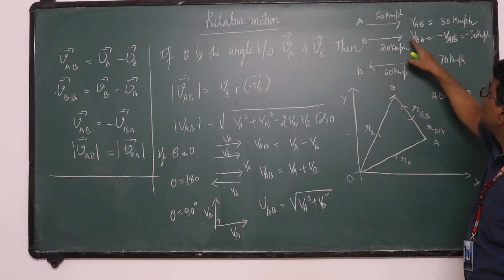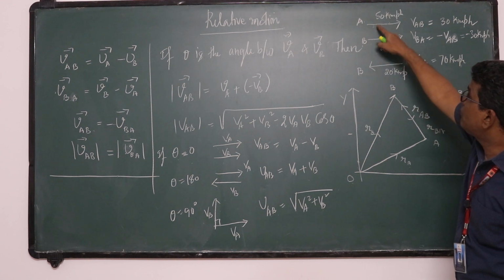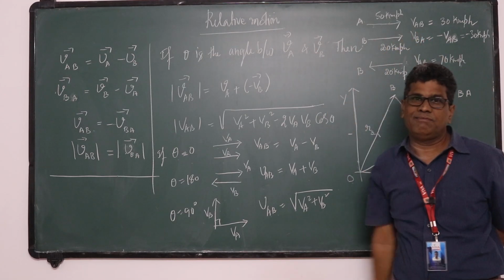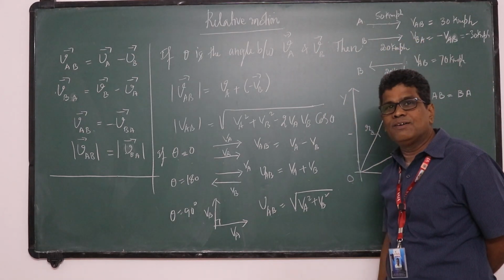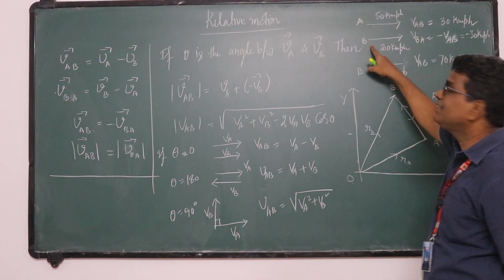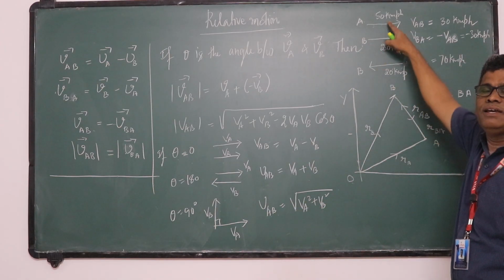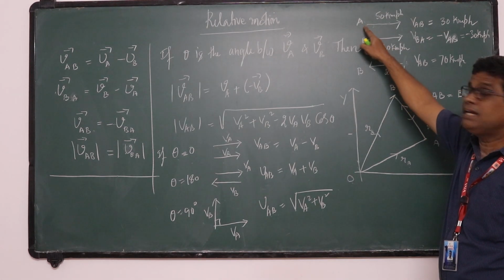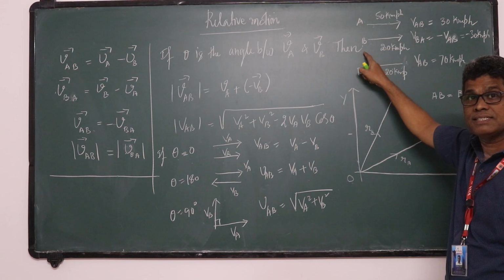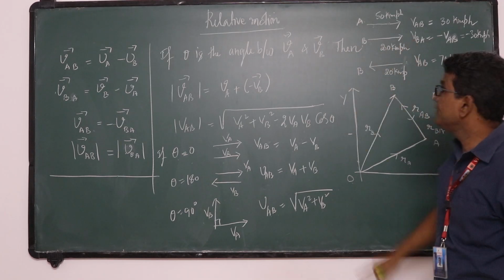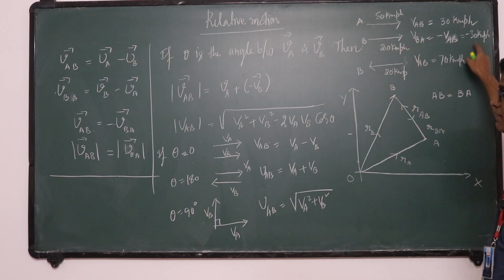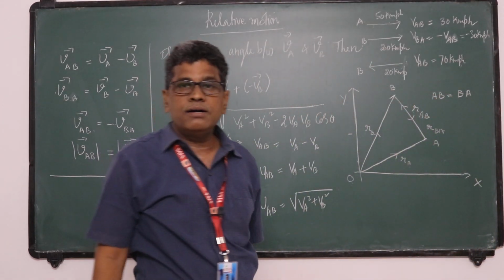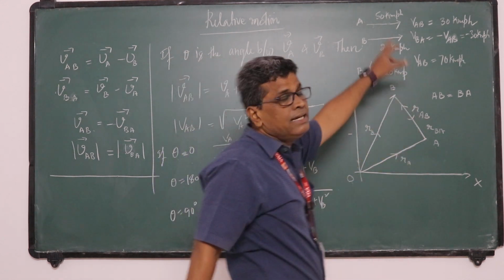That means passenger B appears to A to be moving back with 30 kilometers per hour, but actually it is moving 20 kilometers per hour in the same direction. That is called relative. These are the practical observations we make in daily life.